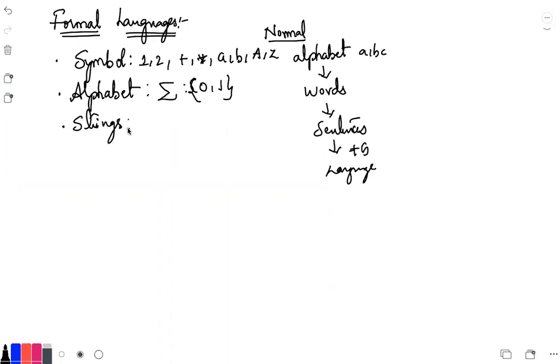Strings are any possible combination of the symbols over the alphabet, the range 0 and 1. For example, 00, 01, 10, 11 are the strings of length 2 over the alphabet 0, 1. 000, 001, up to 111, are the strings of length 3 over the alphabet 0 and 1. This is how you need to address the notation.